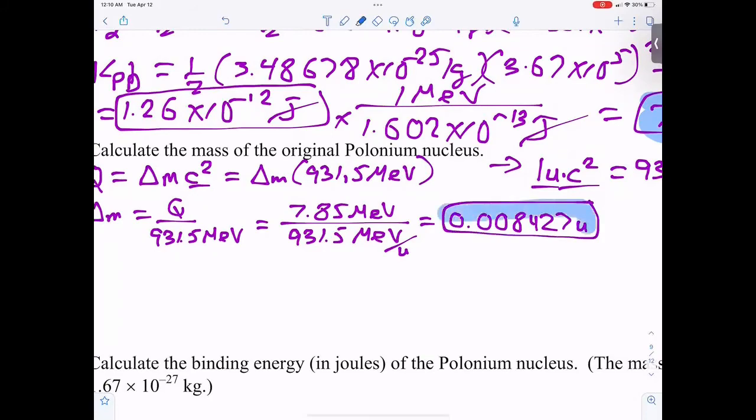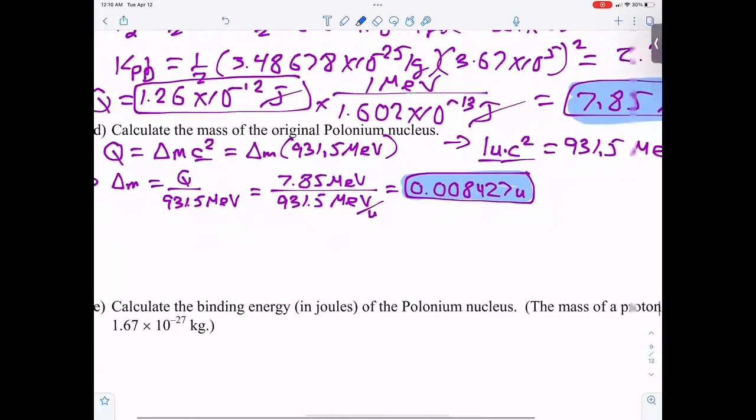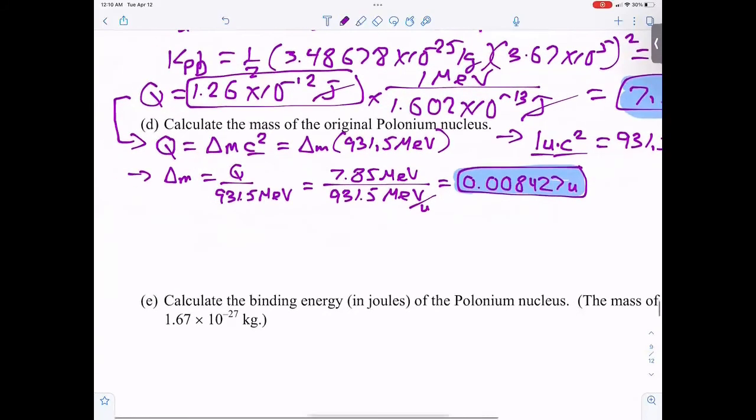Okay, that would be the original mass of the polonium nucleus. Or actually, no, that's the mass defect. That's the difference in mass. That's not the original mass. I'm sorry. So what we know is that the mass defect, the difference in the mass, is going to be the mass of the polonium minus the mass of the lead minus the mass of the alpha particle, right?